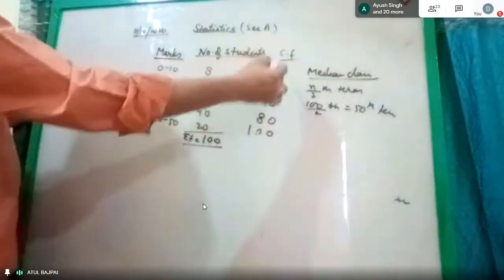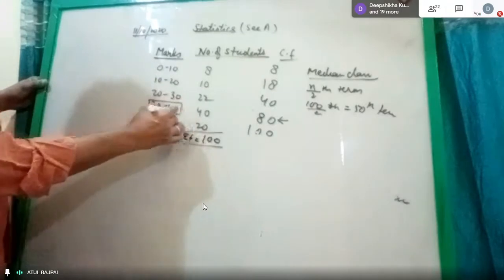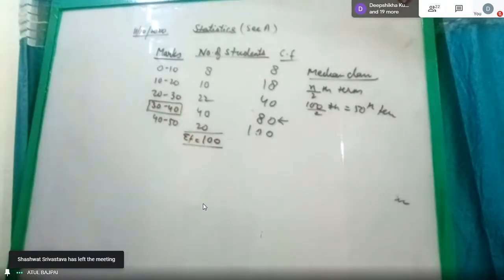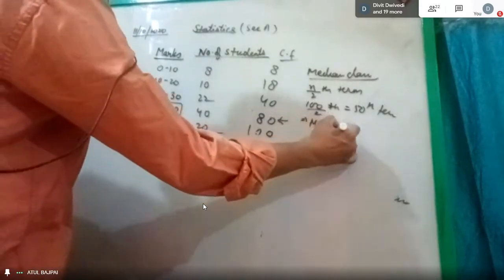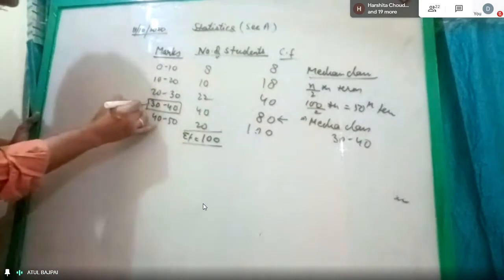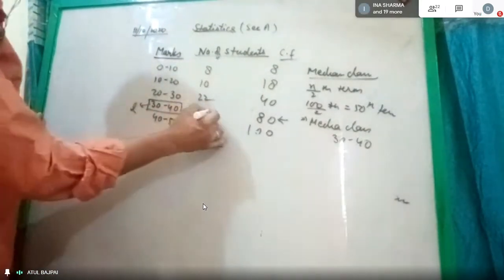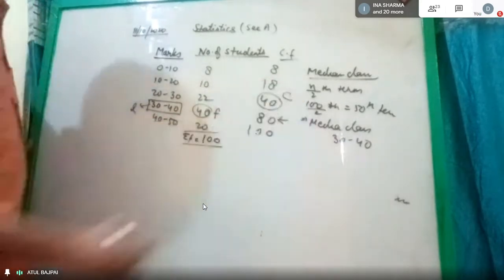So go through this cumulative frequency part. I will find that it will lie in the group of 30 to 40. This is the median class. Check. So we take this as lower limit, this as frequency, and the cumulative frequency of the previous class as C.